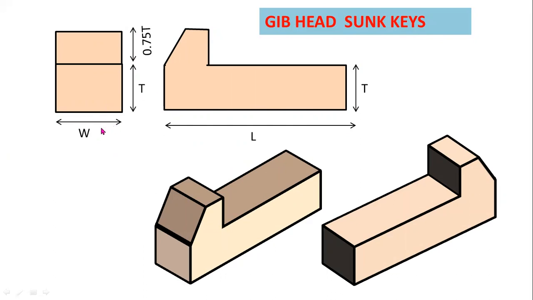W is the width of the key. This one is the side view of the key, and this one is the front view of this key. From this isometric view you can observe this is the width. This one is width of the key, and this one is the thickness or depth of the key.